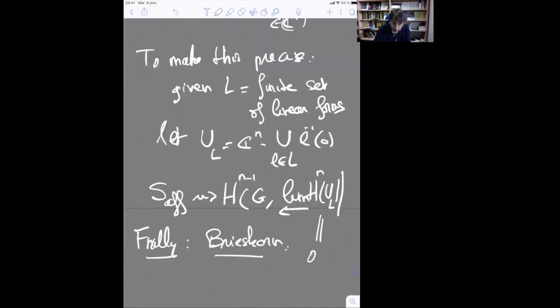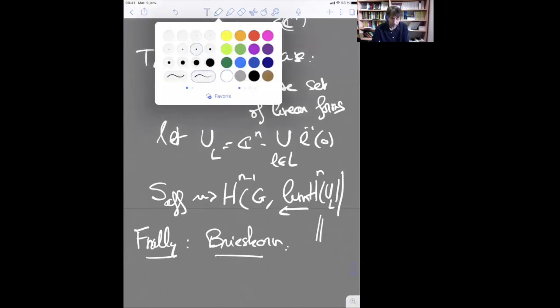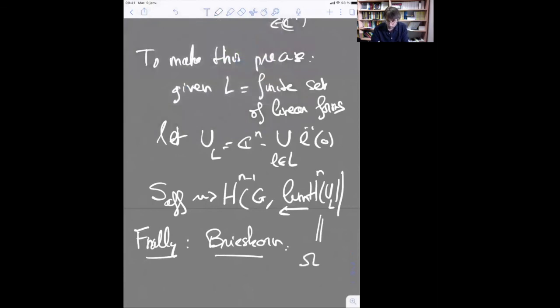No. The cohomology of a hyperplane complement in Cn, like UL, is 0 in degree bigger than n because it's affine, and is given by the meromorphic forms of type obtained as product of dl over L. So let me just say this.